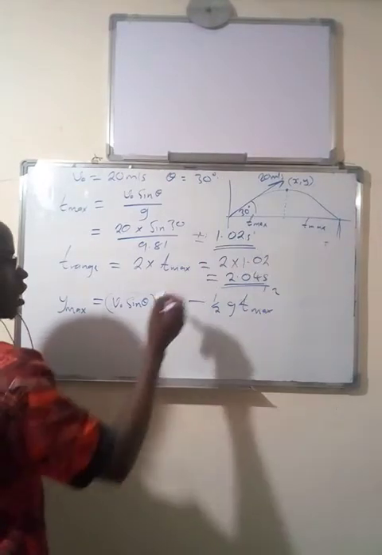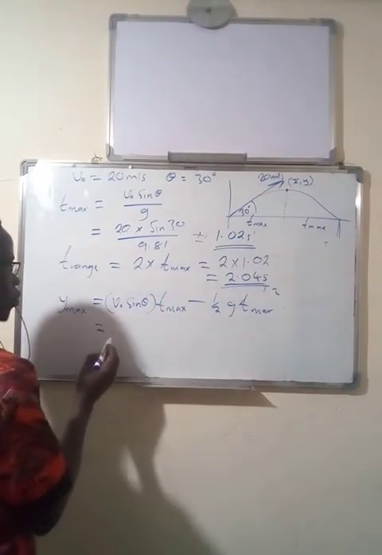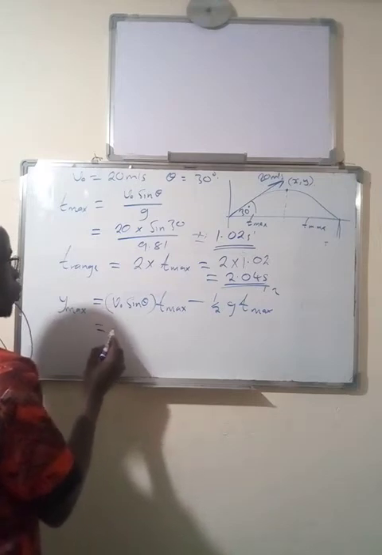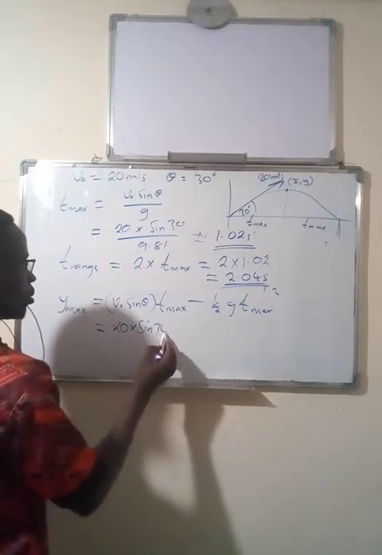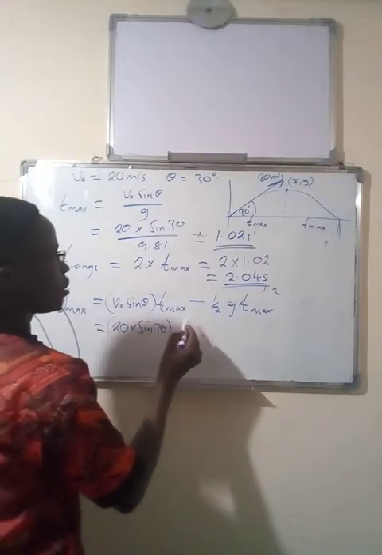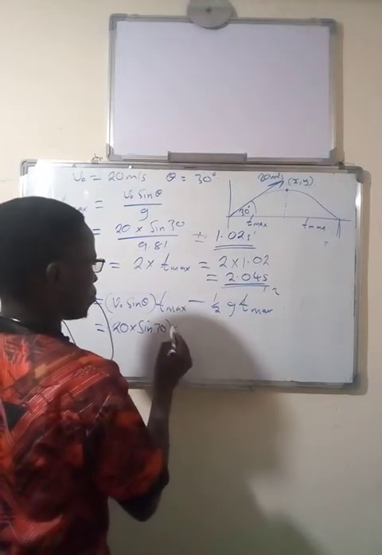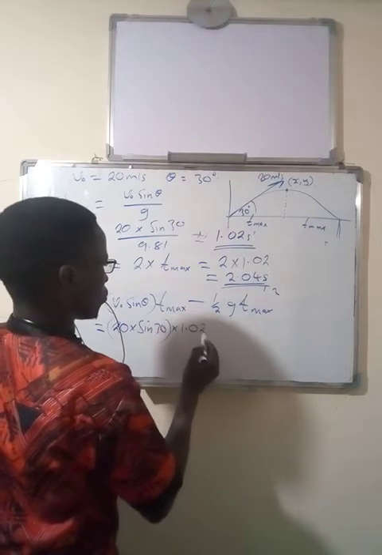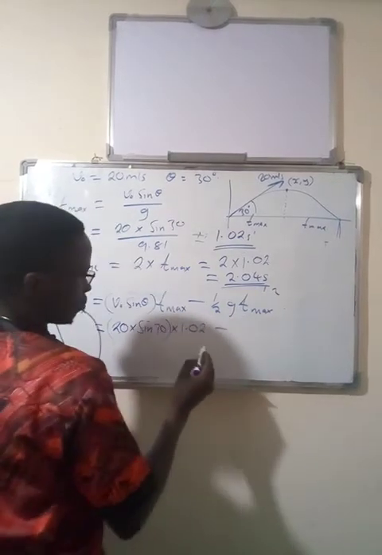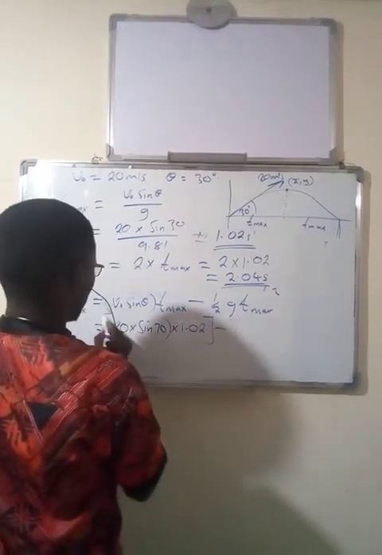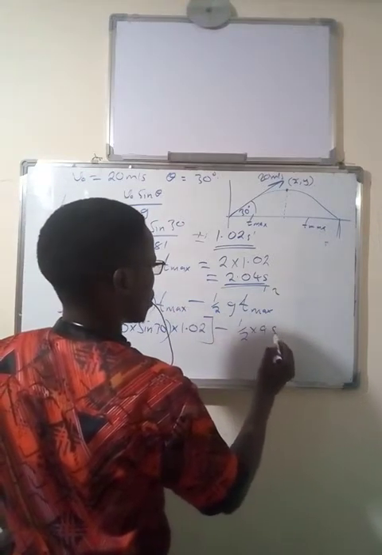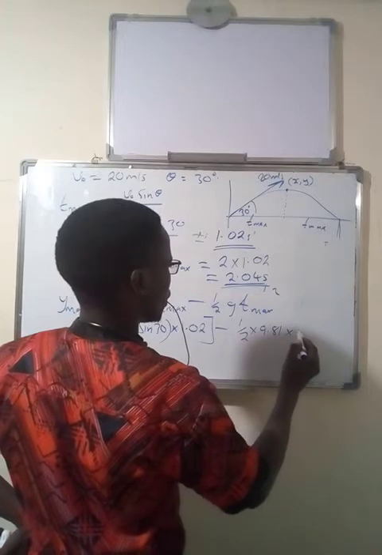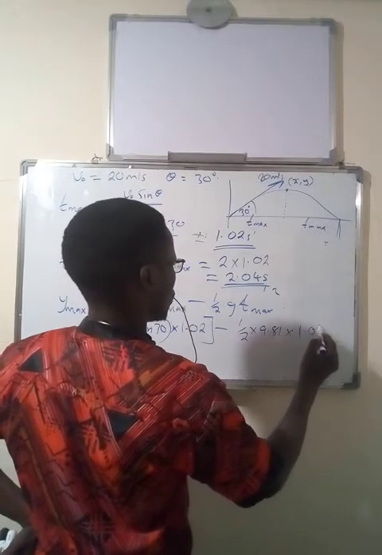So this is going to be equal to V initial, which is 20, multiplied by sine 30, then multiplied by T max, which is 1.02, minus half multiplied by 9.81 multiplied by 1.02 squared.